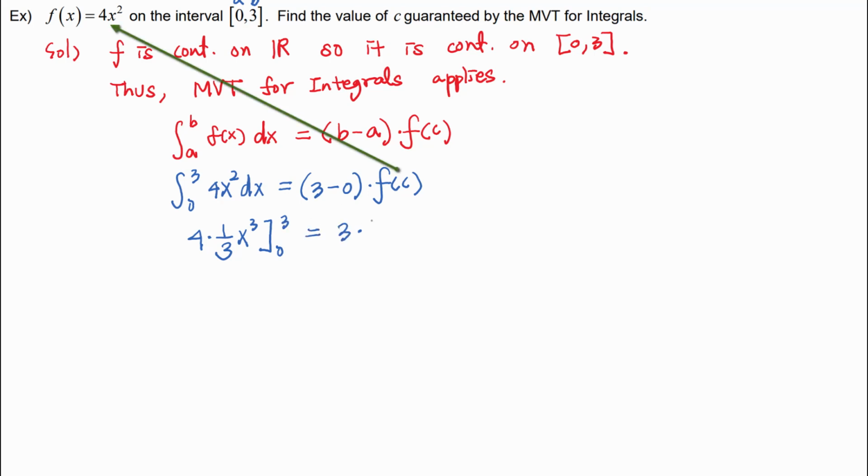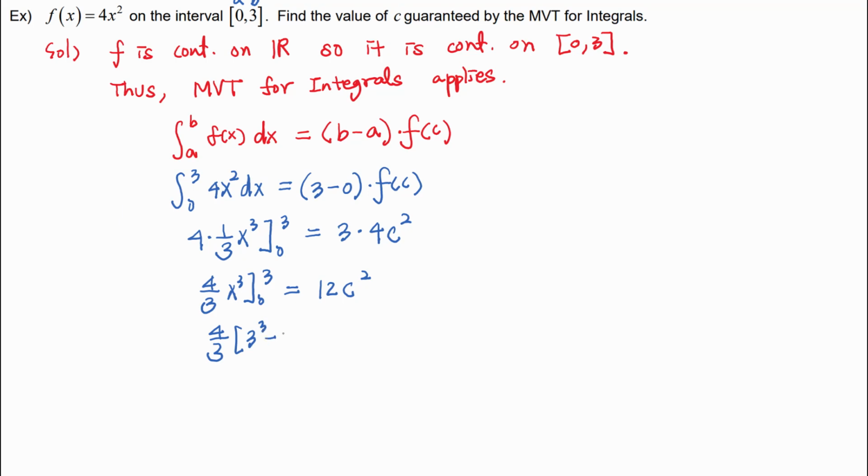F of c, since f of x is 4x squared, f of c is 4c squared. All right, then I have four thirds x cubed from 0 to 3 equals 12c squared. And when you evaluate this, I get four thirds times 3 cubed minus 0 cubed equals 12c squared.